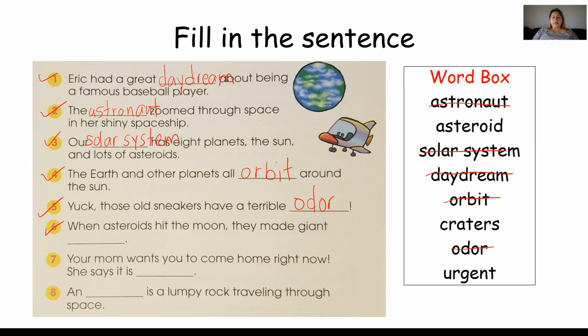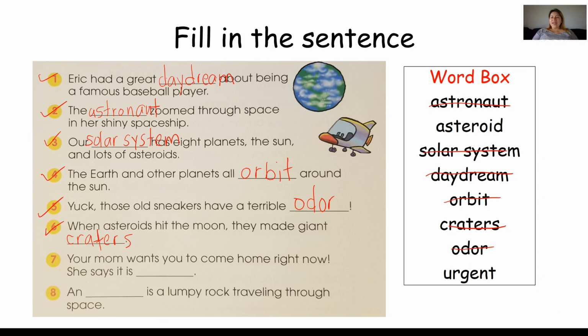What was Grace sitting in that she was so happy, boys and girls? Remember that vocabulary word that we learned? Yes, craters. Okay, craters. So that is our answer for number 6.